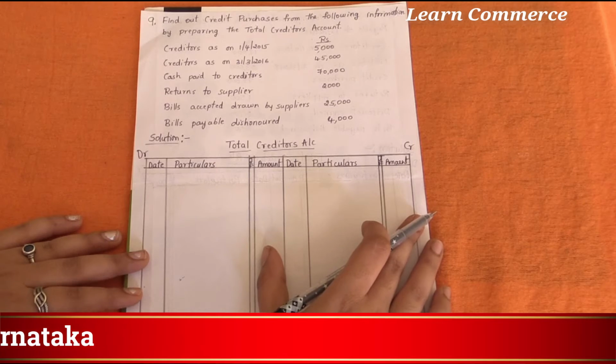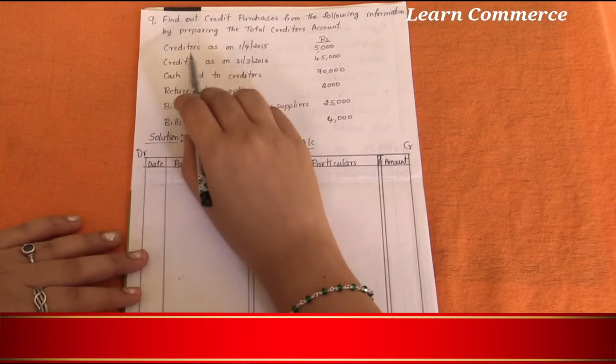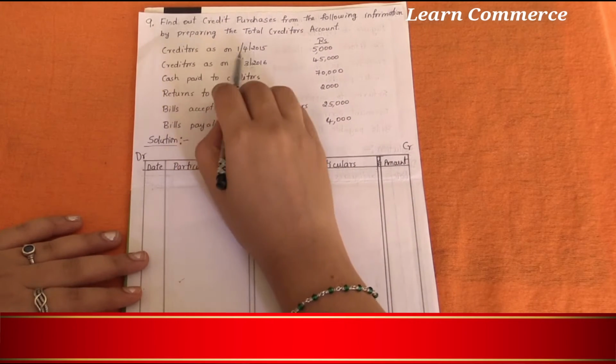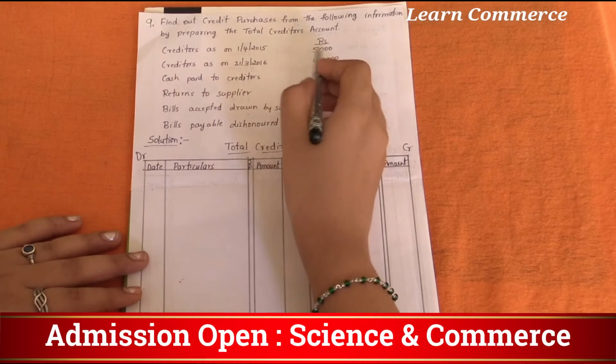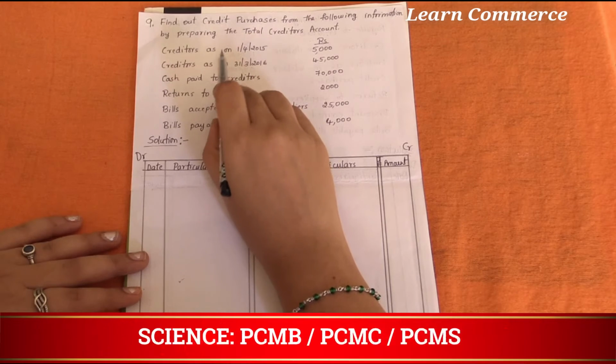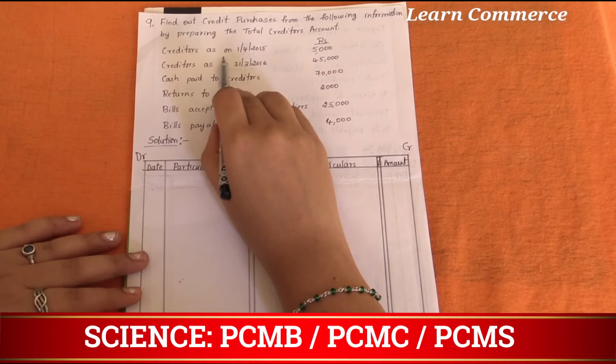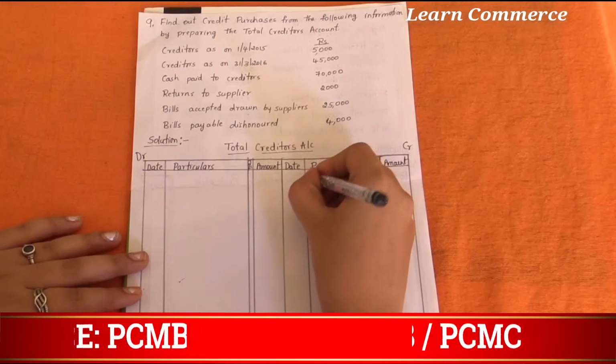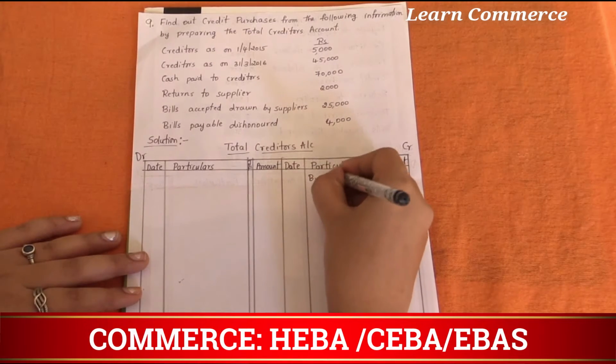Let's solve the problem. First one, see, creditors as on 1st April 2015 is 5,000. This is the opening balance of the creditors. Opening balance of the creditors is always recorded in the credit side, that is by balance brought down.